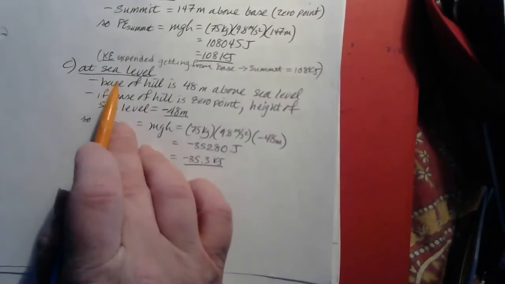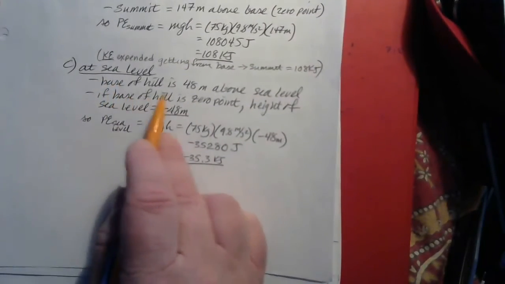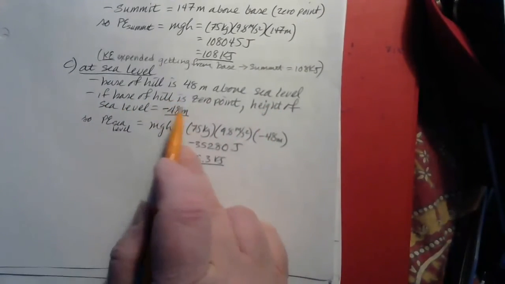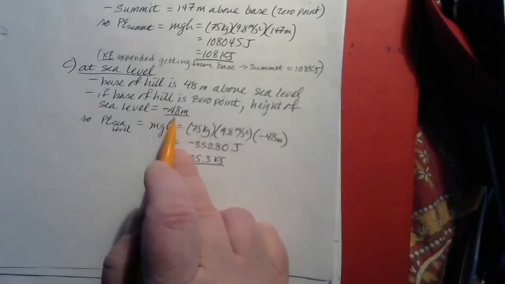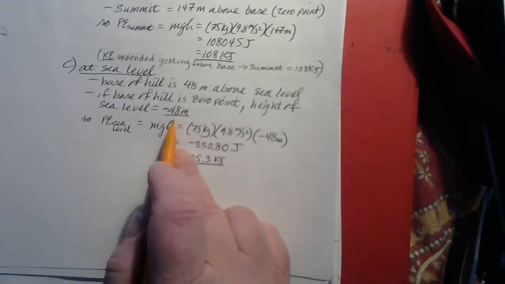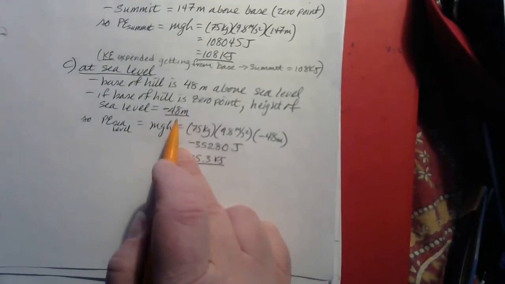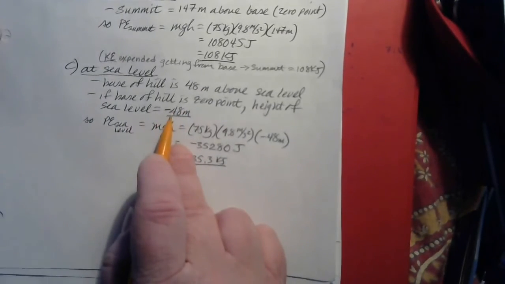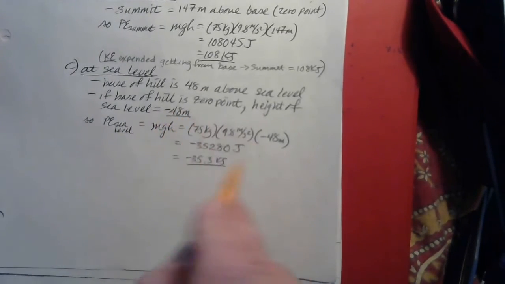Now, at sea level, if the base of the hill is 48 meters above sea level, that would mean sea level must be 48 meters below the base, or in other words, 48 meters below 0 in terms of our height scale. And so your height at sea level is minus 48.